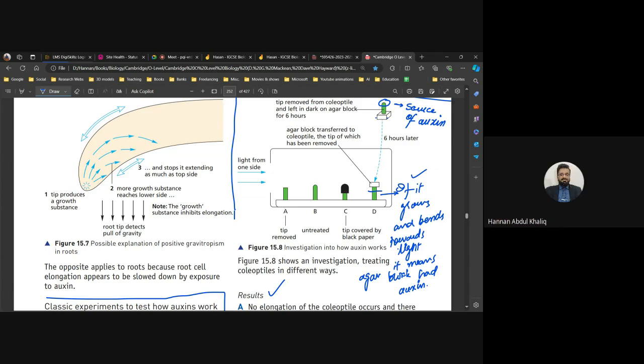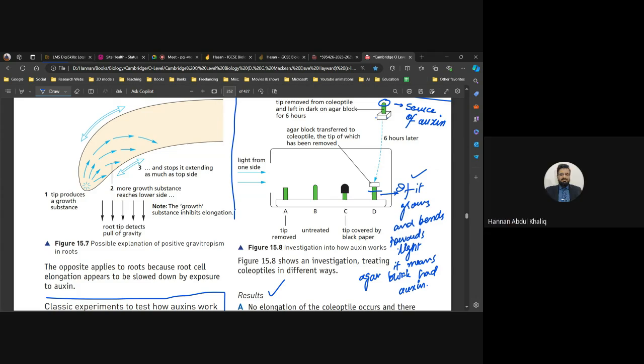Yes, because initially you put the tip over the agar block, the auxin diffused into the agar block. Now, instead of the coleoptile, you are placing the agar block over the shoot D. If it is growing, it means the actual source is the coleoptile. Why? Because the coleoptile released the auxin, which accumulated in the agar block. Now the agar block has become the source, but it is not the original source. The original source was the coleoptile.